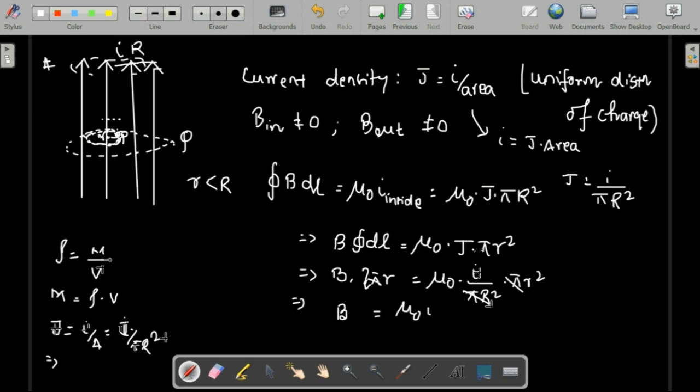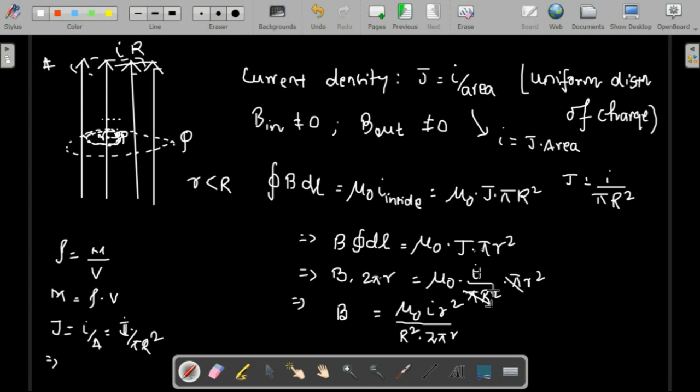So I can write it down as mu naught I into r square divided by pi r square, so pi we have cancelled out. This is capital R square into 2 pi r.